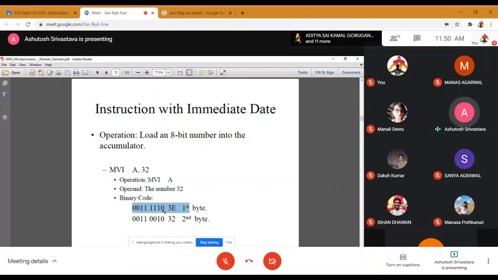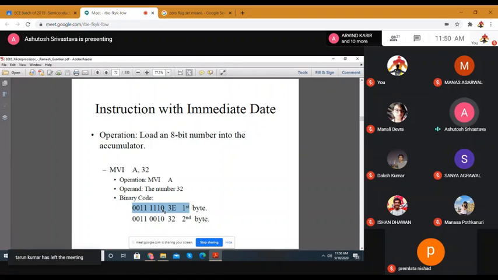So each company may have the same operation and its equivalent binary form reserved, but may have a different binary number for the same type of operation.